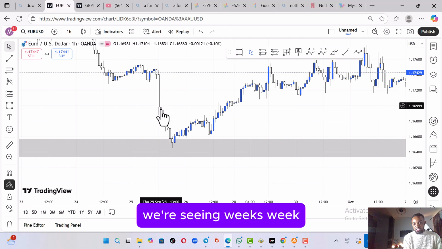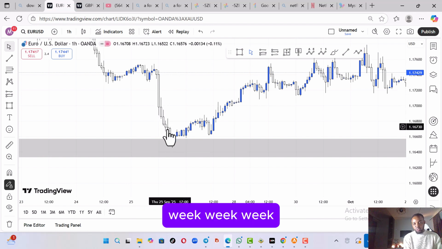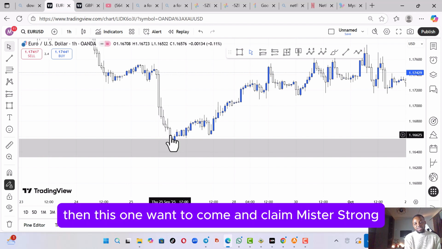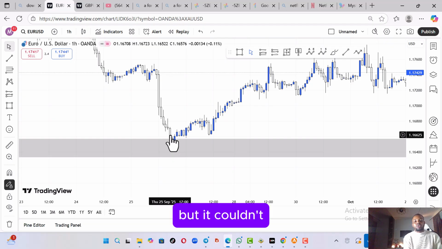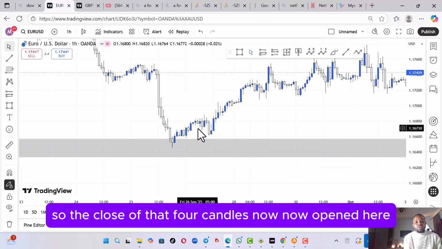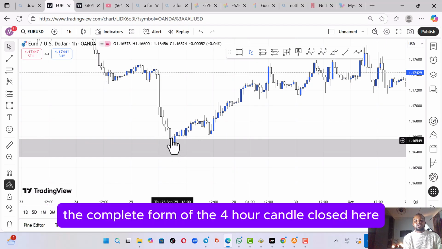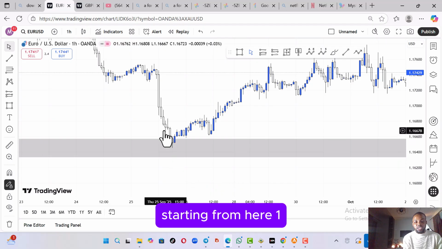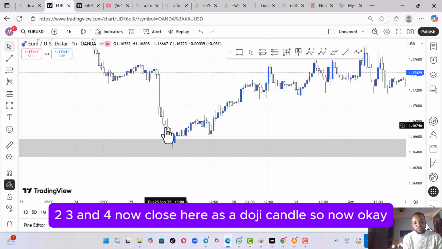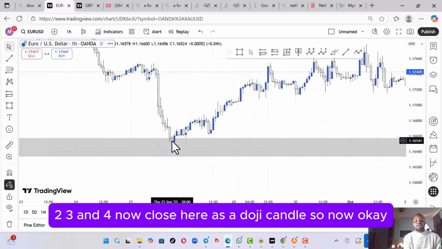We are seeing weak wicks. Then this one wanted to come and claim Mr. Strong, but he couldn't. So the 4-hour candle closed here, starting from here, 1, 2, 3, and 4. Now it closed here as a doji candle.